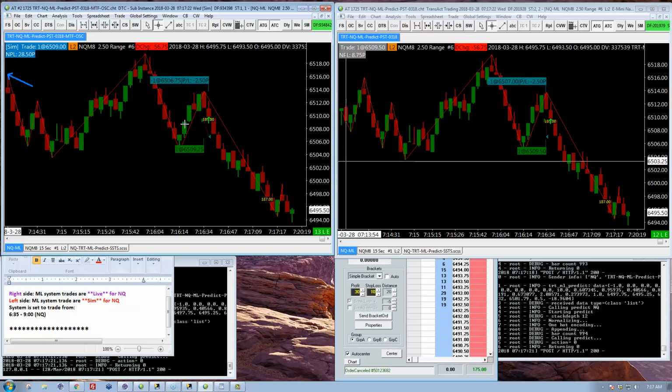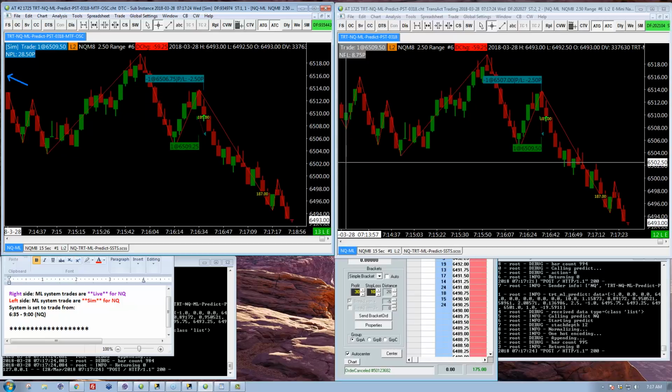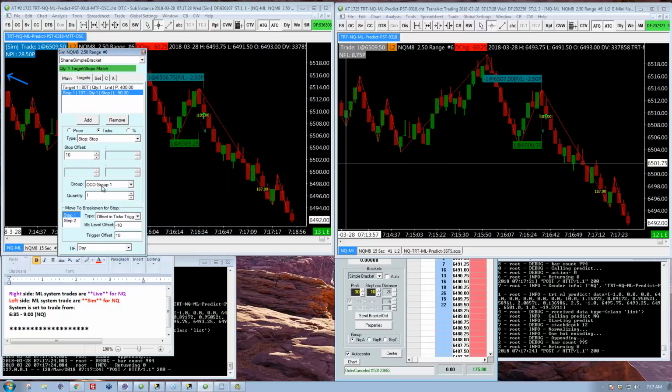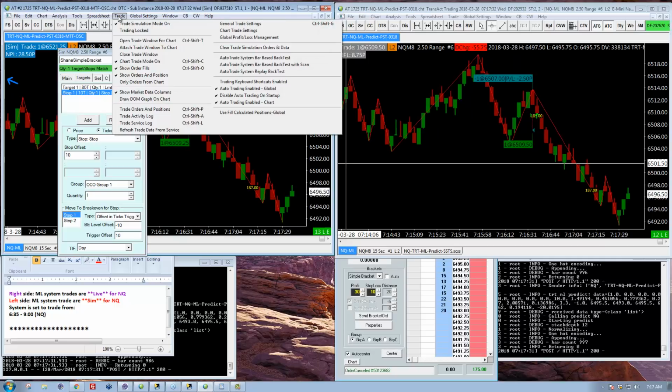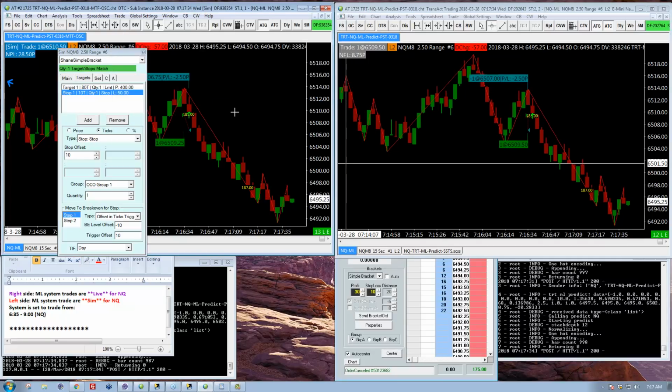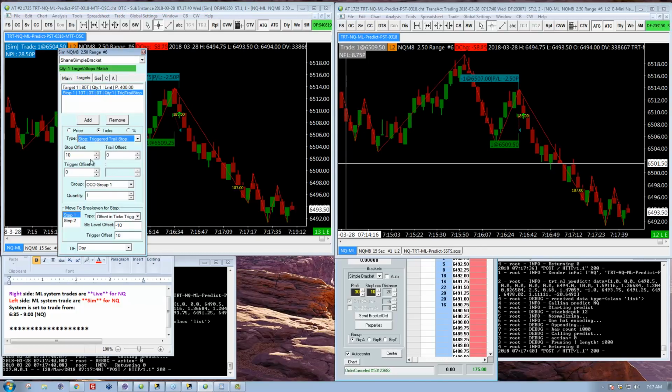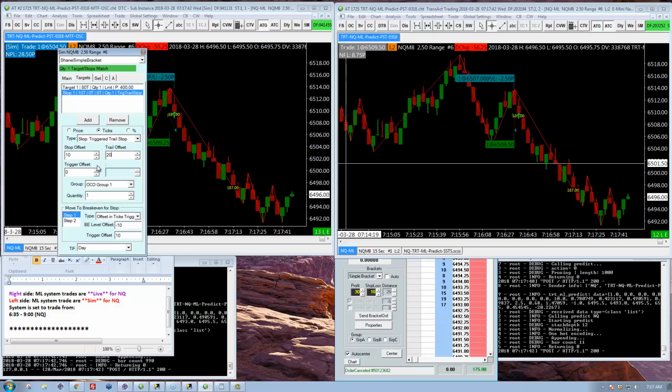Okay, so what we should do then is change this here on the left to be correct also. So let's walk through that same process. Turn off the auto trading for this chart, and now let's go fix this. Trailing, triggered trail stop, 10, 20, 20. Thank you very much for figuring all this out, Davey.